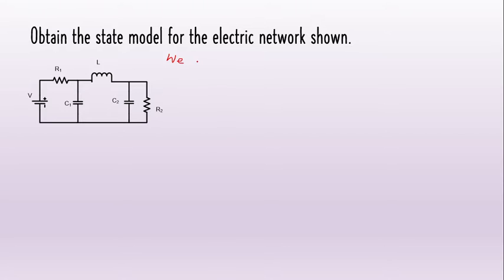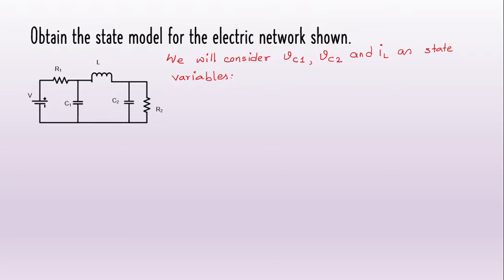We will consider voltage across capacitor C1 as VC1, voltage across capacitor C2 as VC2, and inductor current IL as state variables.